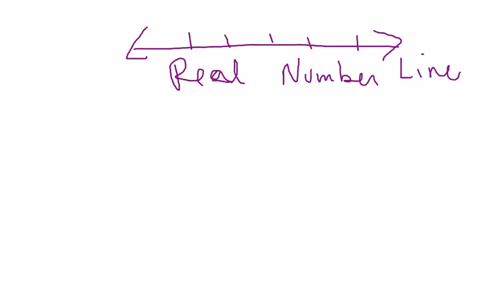Let's take a moment to zoom in on sets and really dissect them and think about them a little more deeply. The real number line. If we travel along this real number line, we're going to encounter all kinds of numbers that belong to the set of real numbers. But notice that all the numbers that live on this line are not all integers.